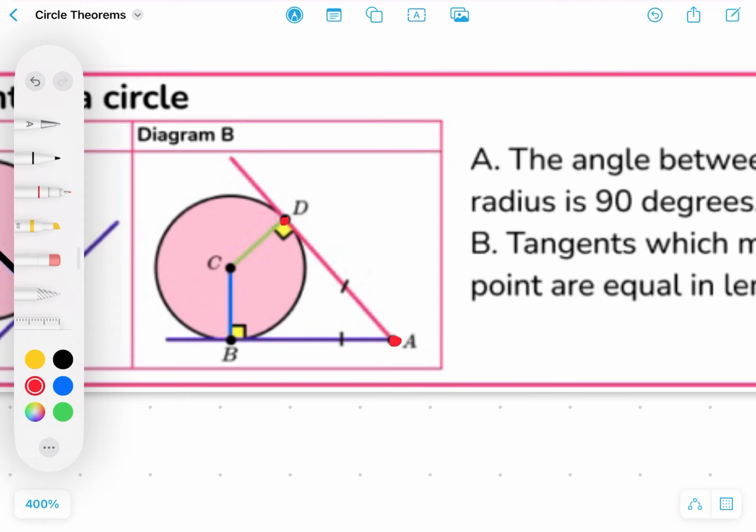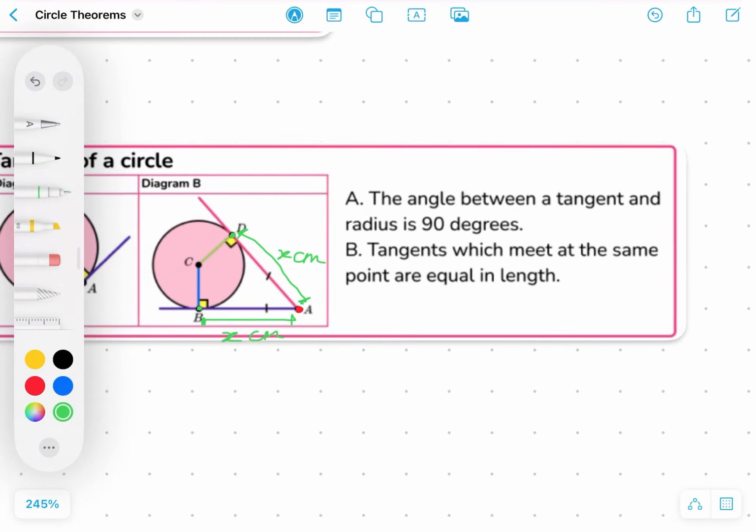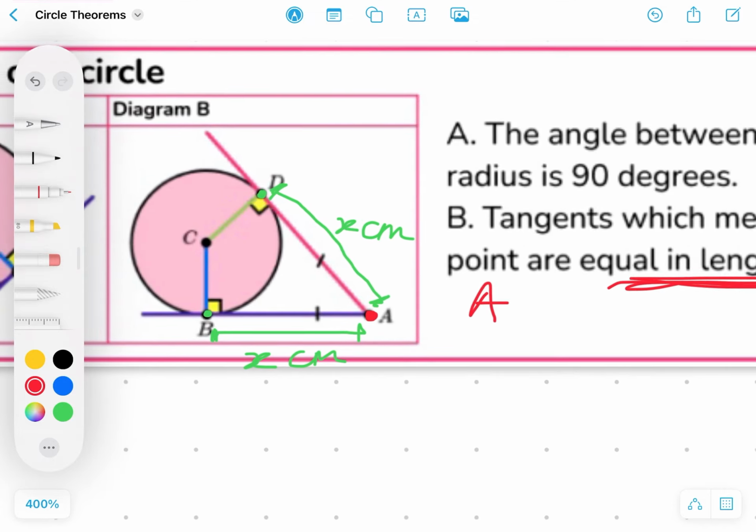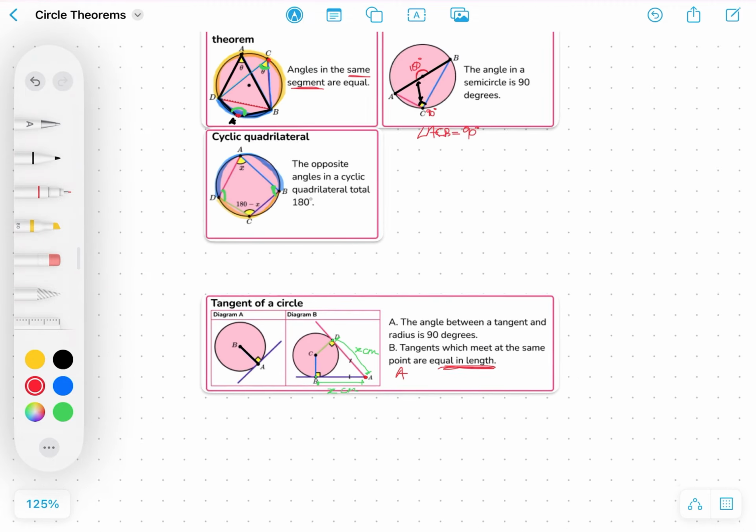So from the point D and from the point B, this length right here, let's call that x centimeters, is going to be equal to this length right here, which is also x centimeters. So the tangents which meet at the same point, in this case point A, are equal in length. They both are x centimeters.